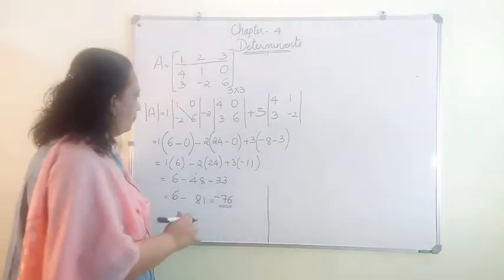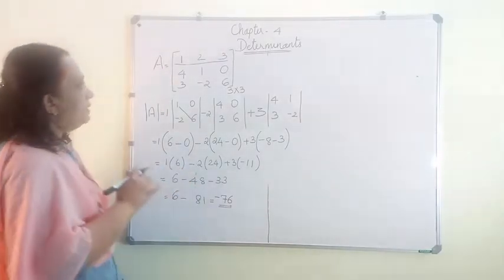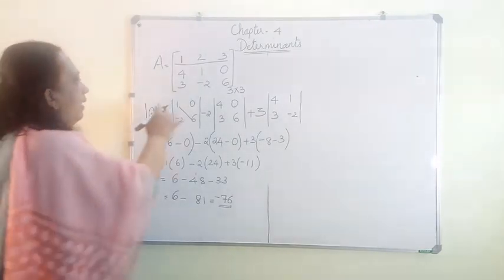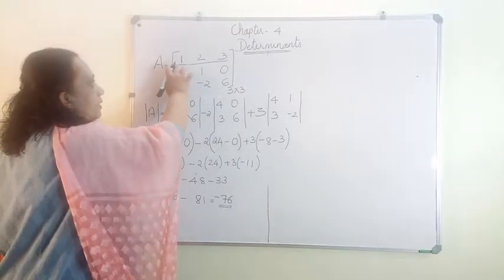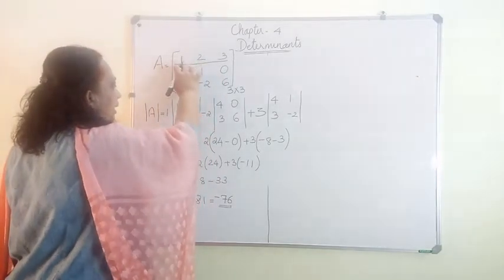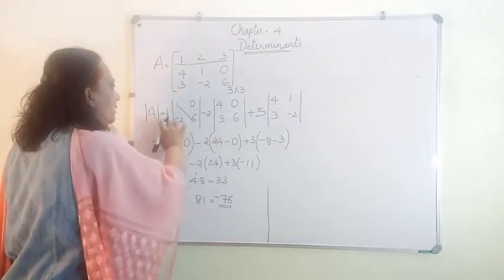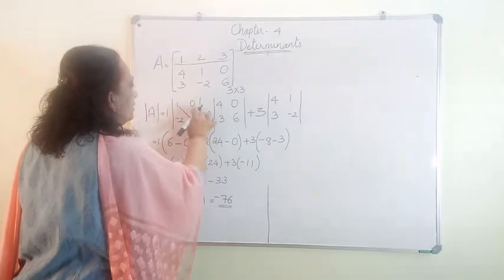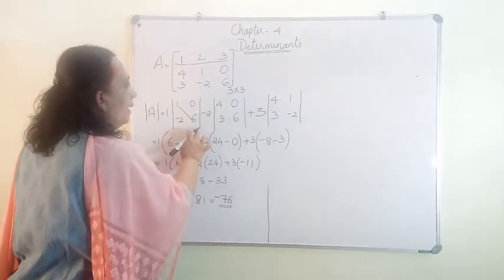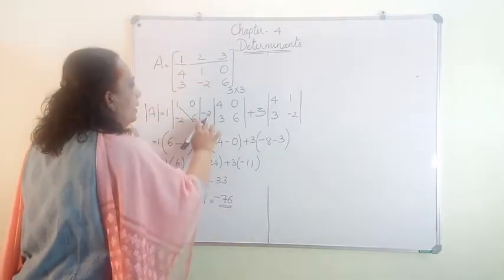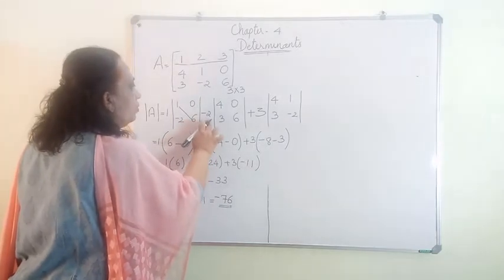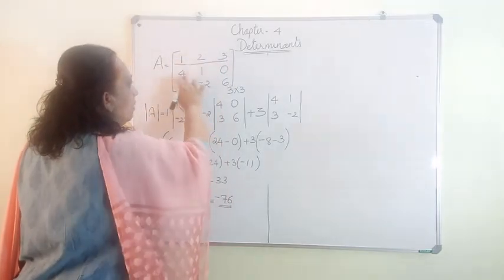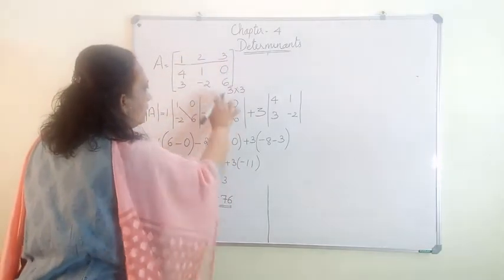Alternate signs. Now, when you consider this 3 by 3 matrix, just go to the beginning. That is, I am expanding along the first row. Along the first row, 1 into, take the sign as such, 1 into determinant, eliminate the row and the column, 1, 0, minus 2, 6. Then, the next one will be minus 2 into, eliminate the first row and the second column, 4, 0, 3, 6.